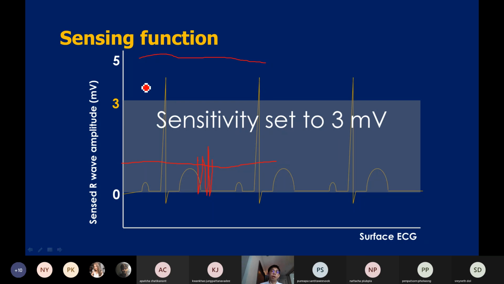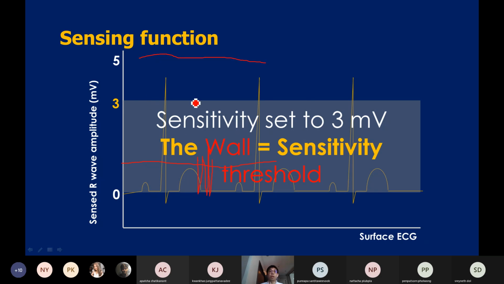Because if you have a sense amplitude of 5 and you set the sensitivity at 5 or 6, the pacemaker could not see the intrinsic rhythm, because we usually compare the sensitivity threshold to a wall. If you set the threshold too high, the pacemaker could not see the intrinsic rhythm.